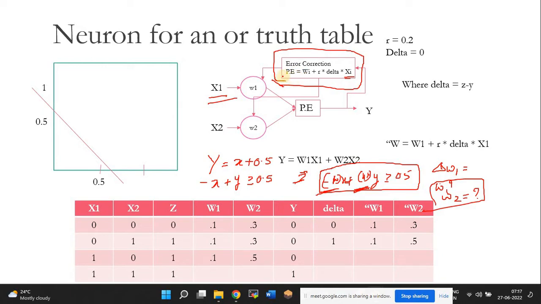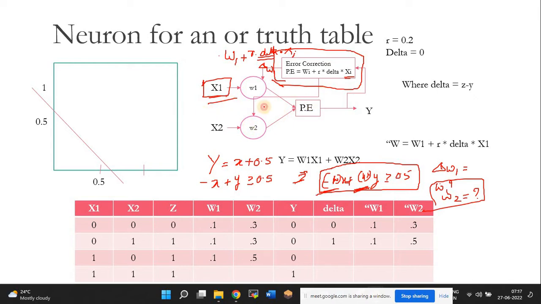It is w1 plus r times delta times xi. What is this delta i? Delta is the change in wi that needs to happen, multiplied by xi. Again, that xi is the same input that needs to go in.